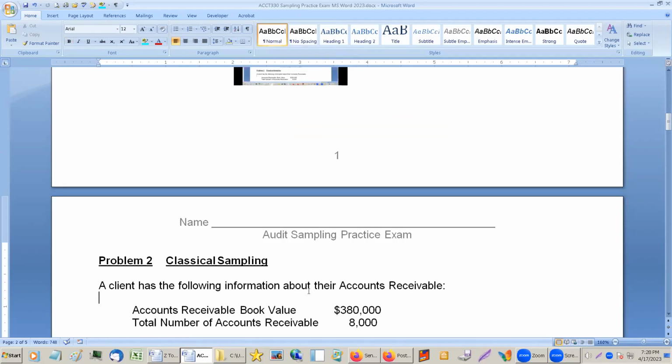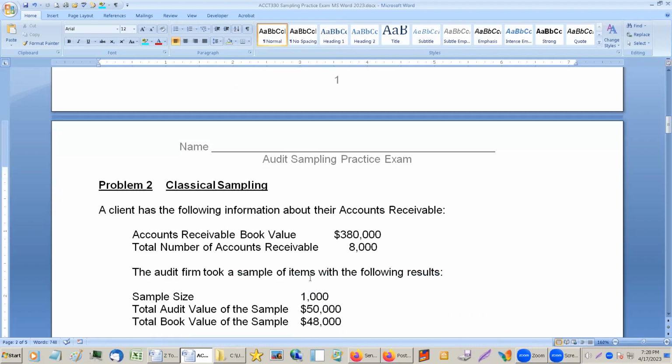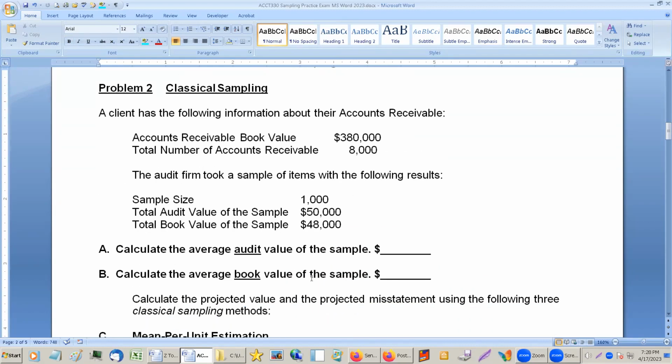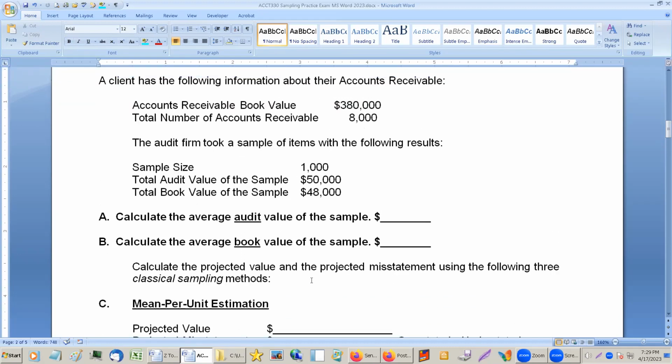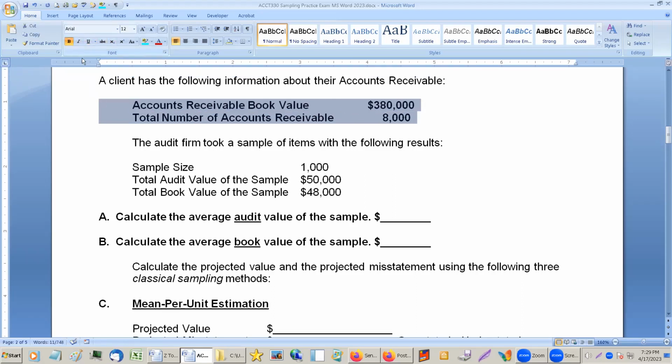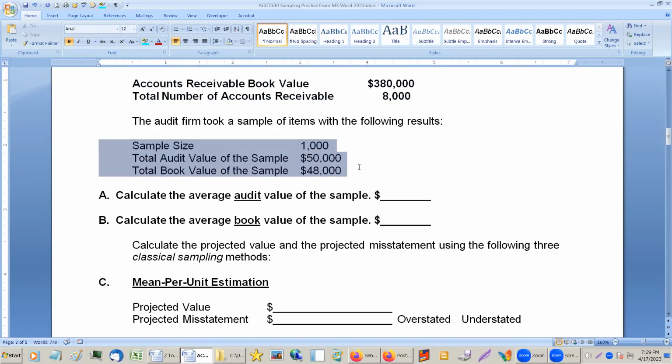Classical sampling. Did you do this one? This one looks familiar. All right, well, anyway. So your accounts receivable, the book value is 380. We take a sample. Sample looks like that.